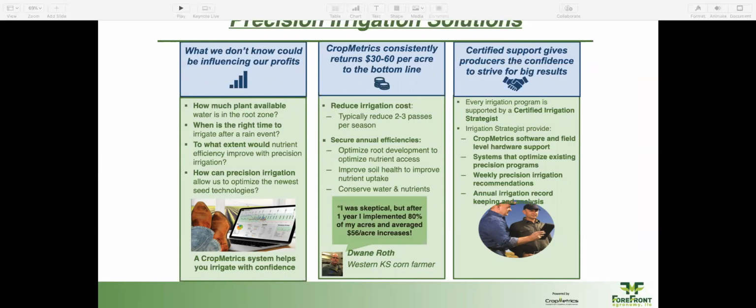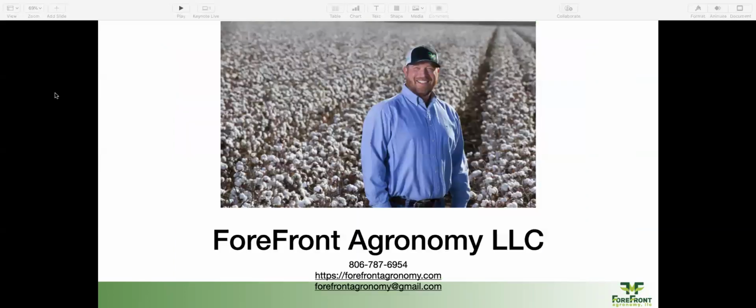And if we don't see a drop in yield, then that's money in the bank to be able to use somewhere else. But what we're focusing on is optimizing that root development, improving our soil health, and conserving our nutrients. And then finally working with somebody that's out in the field, puts their eyes on it and uses the technology to be able to help put the pieces of the puzzle together for you at the end of the day.